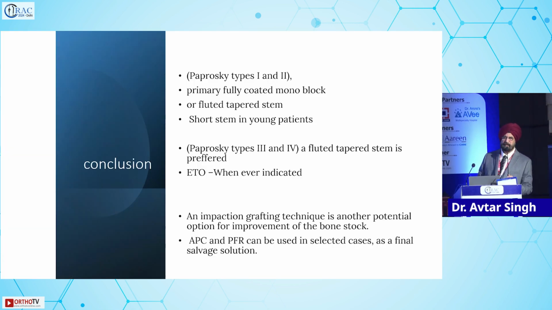So friends, Paprosky 1 and 2 can be easily solved with primary stems or short stems. And Paprosky 3 and 4 need more extensive surgeries, longer fluted stems. There is a place for impaction bone grafting, but I have no experience with that, and no experience with APC or PFO. Thank you so much.